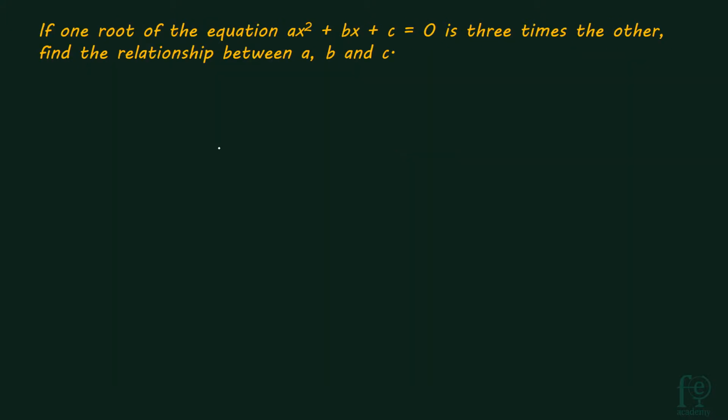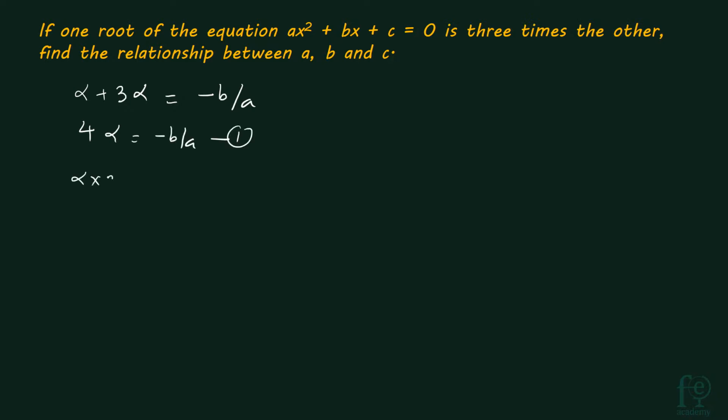If one root of the equation ax square plus bx plus c is equal to 0 is 3 times the other, find the relationship between a, b and c. So we know alpha plus 3 alpha. Let alpha and 3 alpha be the roots. One root is 3 times the other. So alpha plus 3 alpha is equal to minus b by a. So we can tell 4 alpha is equal to minus b by a, our first equation.